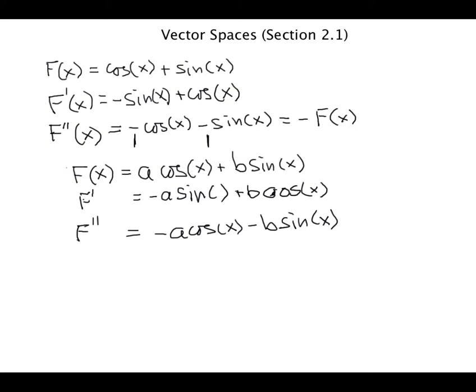If you look at this calculation, this a just came along for the ride. Nothing happened to it the whole way. Since cosine goes to minus cosine, a times cosine goes to minus a times cosine, and similarly the b term.